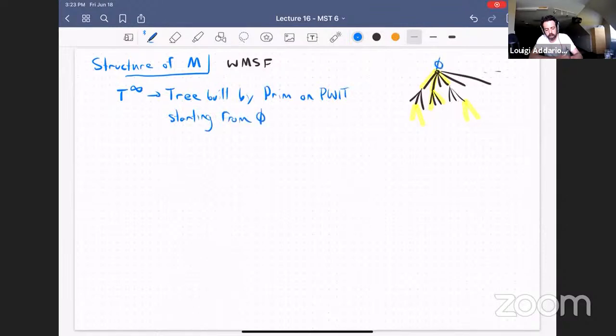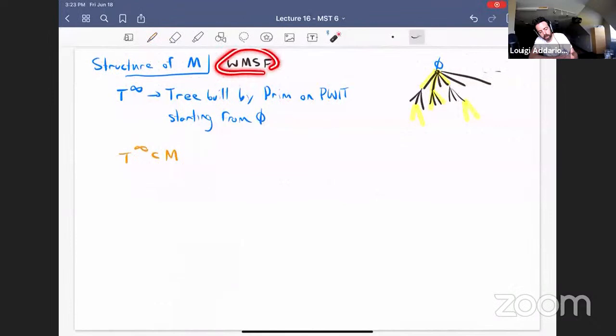This is a subtree of M, because the whole wired minimum spanning forest takes all of the trees built by Prim's algorithm from everywhere and takes their union. When you take the union of all of those, it can add in some other components to this tree T infinity. But we'll start by studying T infinity and then move from T infinity to studying M.